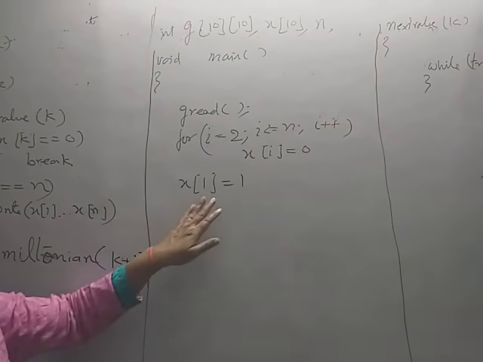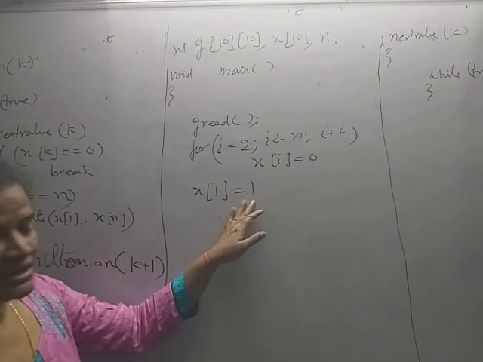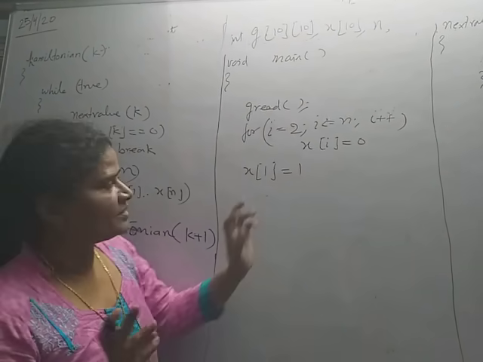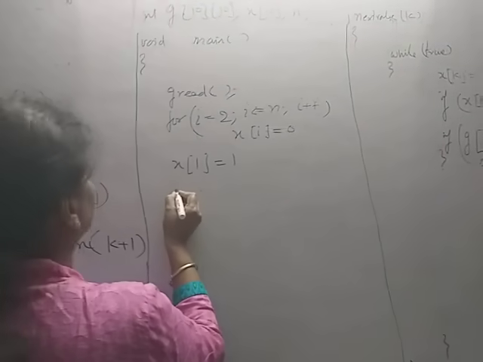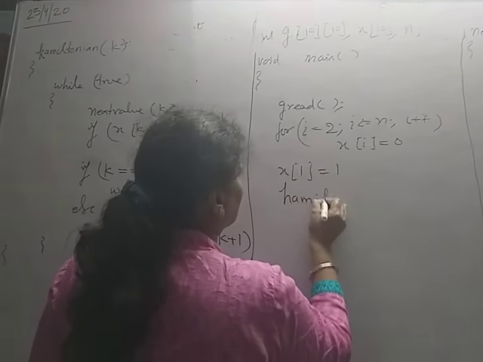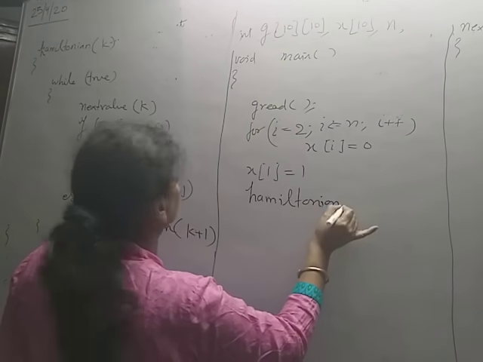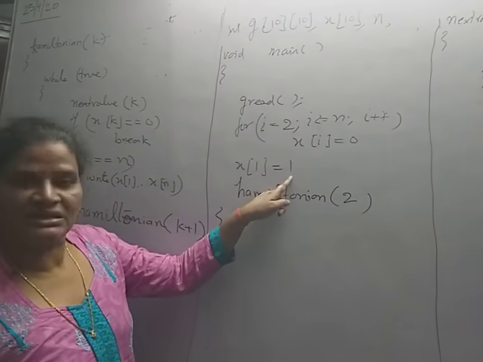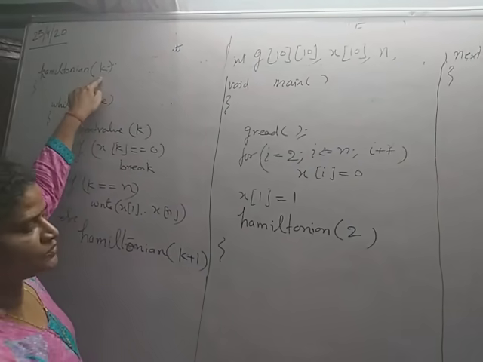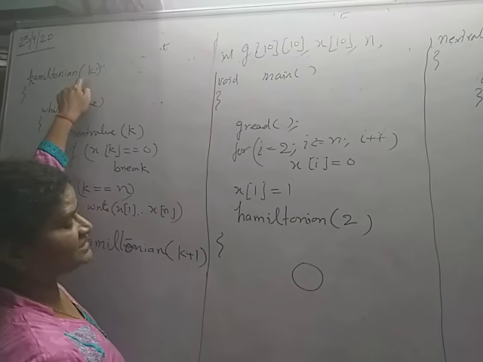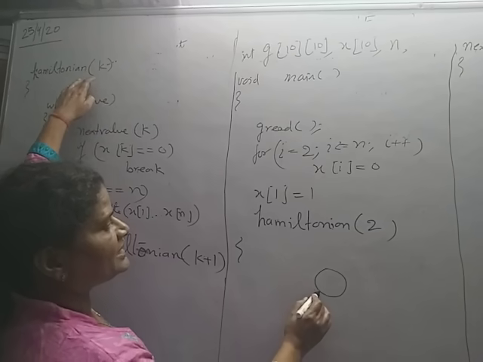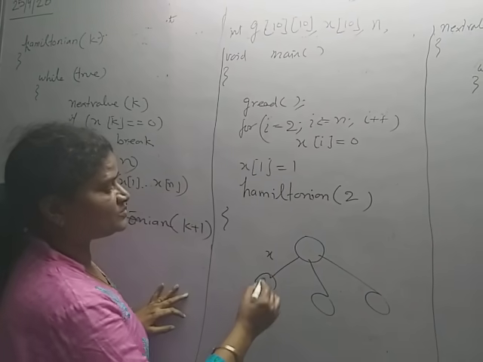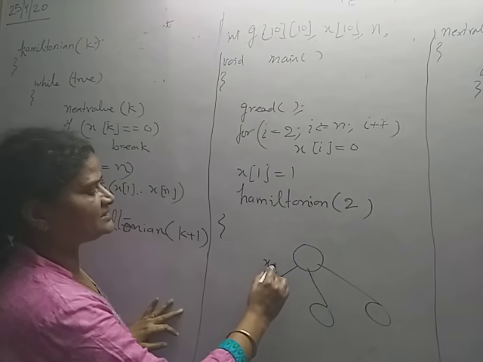Here I fix the first element of the solution vector as 1, so that every Hamiltonian cycle starts from 1. Then you call the function Hamiltonian 2. Why am I calling 2? Because the first element of the solution vector is set, and the value of k is 2. If you consider all possibilities, first it will check what will be the next vertex for the second position in the solution vector.